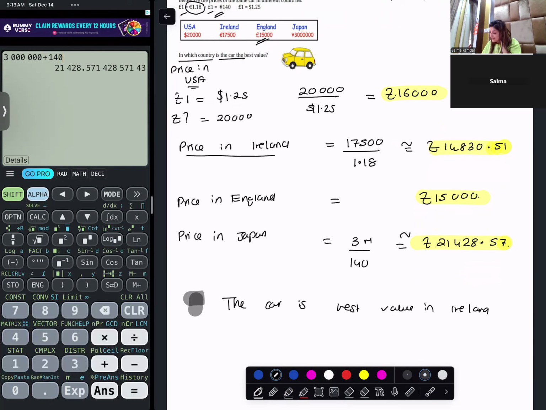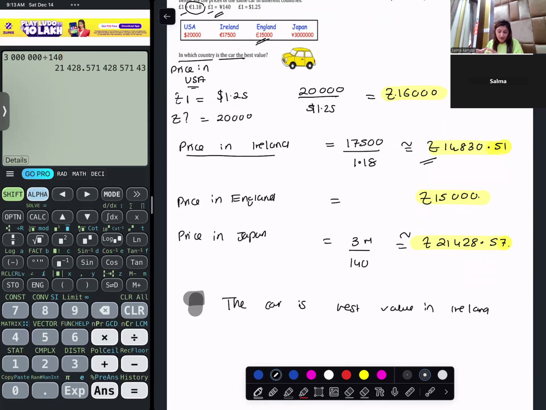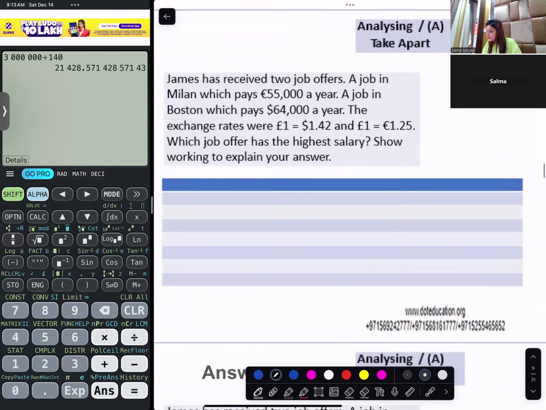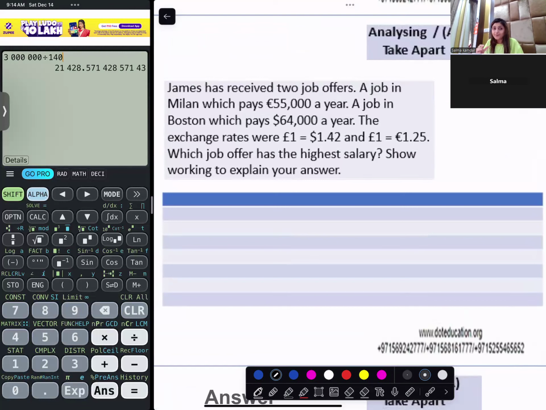Why is it best valued in Ireland? Because when I convert the currency into pounds, it is lowest, which is approximately 14,830 pounds. Now I want you to pause the video, try this sum yourself and then come back.